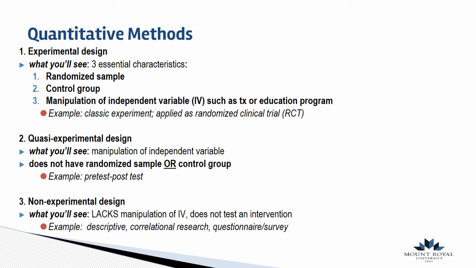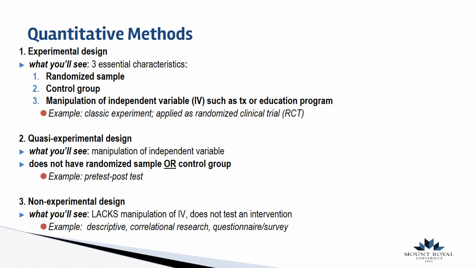So, number two, the quasi-experimental. You're still going to see manipulation of the independent variable. We're still testing that intervention, and the researcher is controlling that. Some people are getting it, some people aren't. But the difference is that we do not have a randomized sample or a control group. We're missing one of those features.